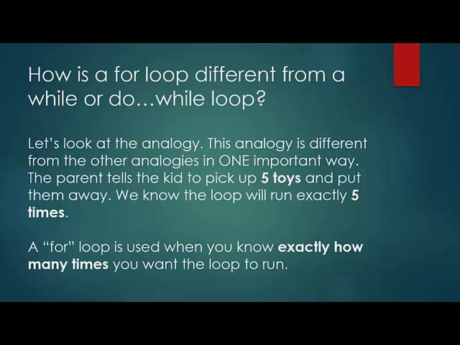The parent tells the kid to pick up 5 toys and put them away. So we know before we even start that the loop will run exactly 5 times. A for loop is used when you know exactly how many times you want the loop to run.